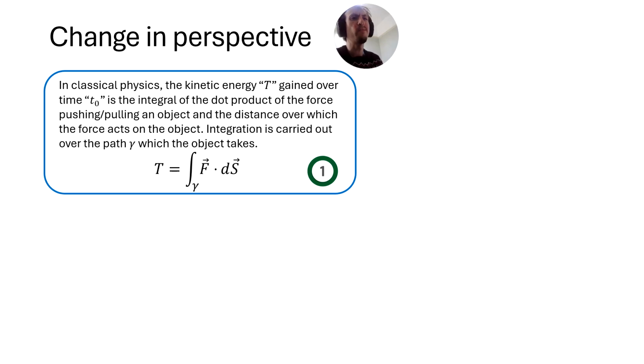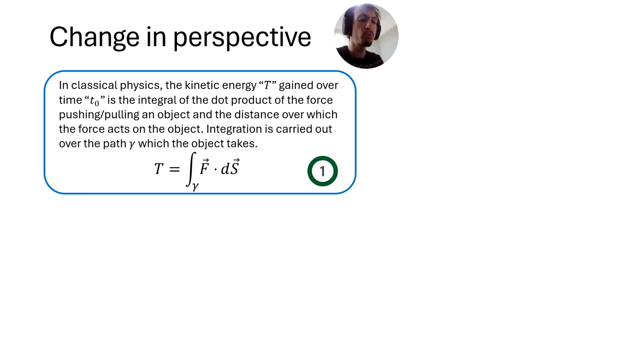Now, this is a very formal definition. If you've looked at introductory classical mechanics before, you definitely might not have seen the kinetic energy expressed in terms of a path integral. And we can get around the path integral because the particle is changing its position along the path gamma with respect to time.